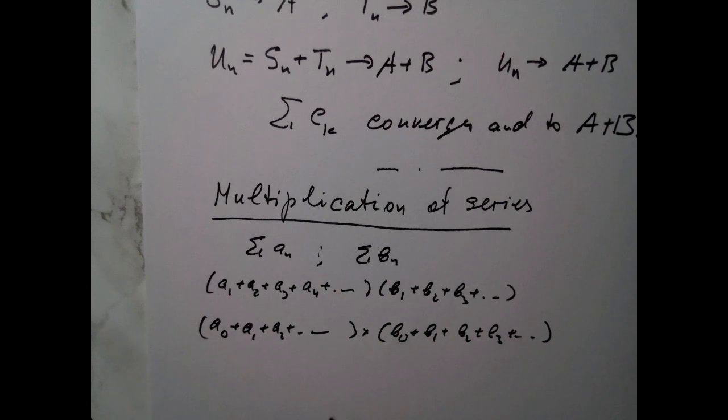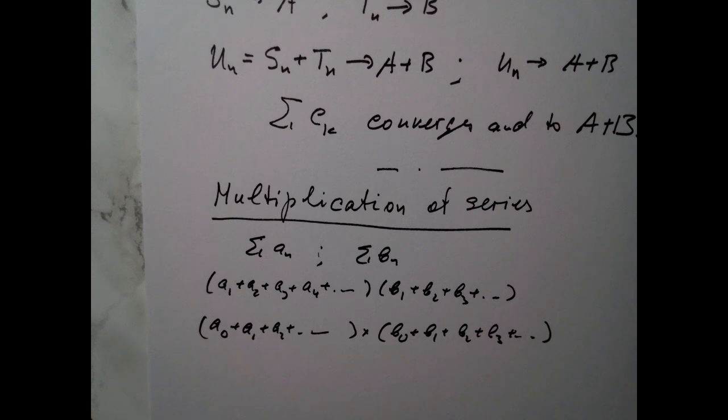Well, if I try to use some sort of distributive law, I will multiply a0 by all of those, and I will have a series, and then I will multiply a1 by all of those, and I will have a series, and I will multiply a2 by all of those, and I will have a series, and now I will have to add infinitely many infinite series, and I really don't know how to do it. I know how to add two series, but I don't know how to add infinitely many infinite series.